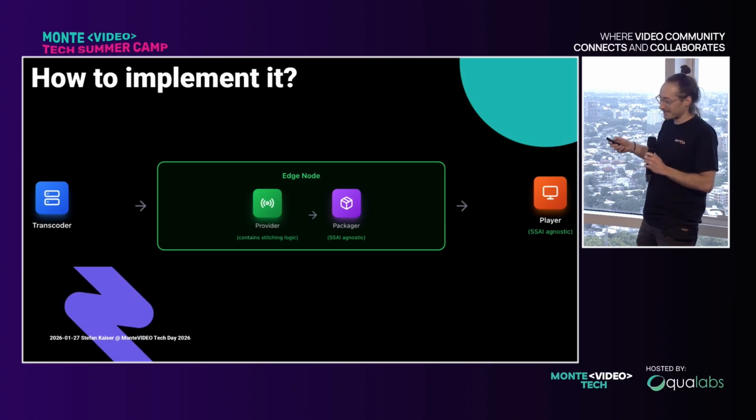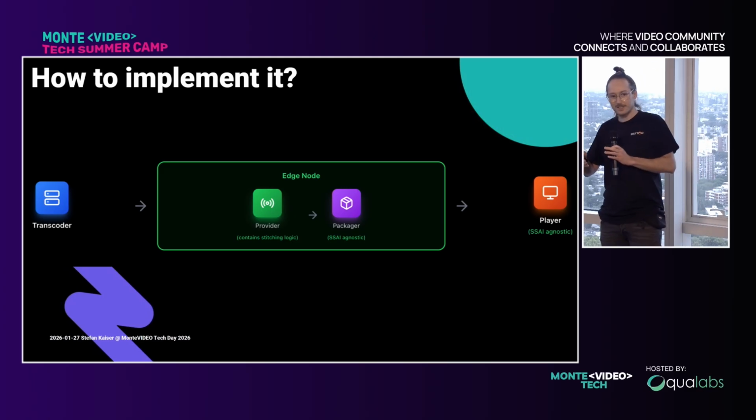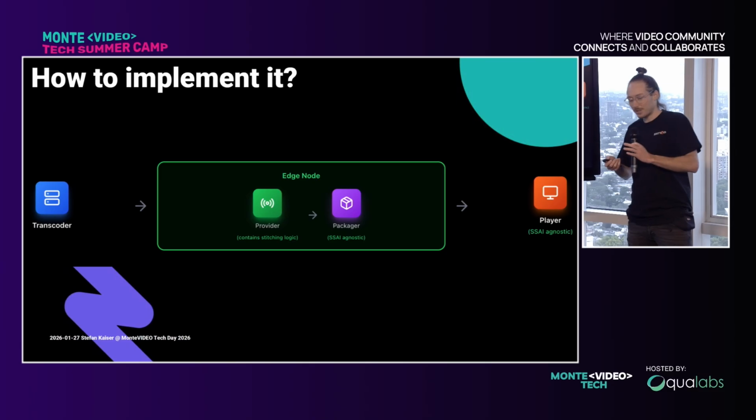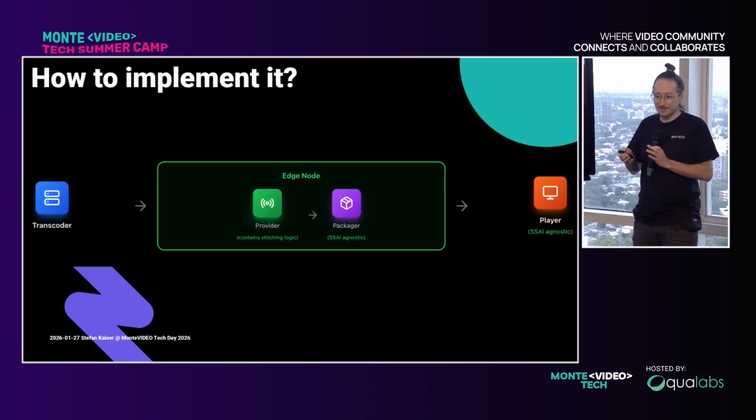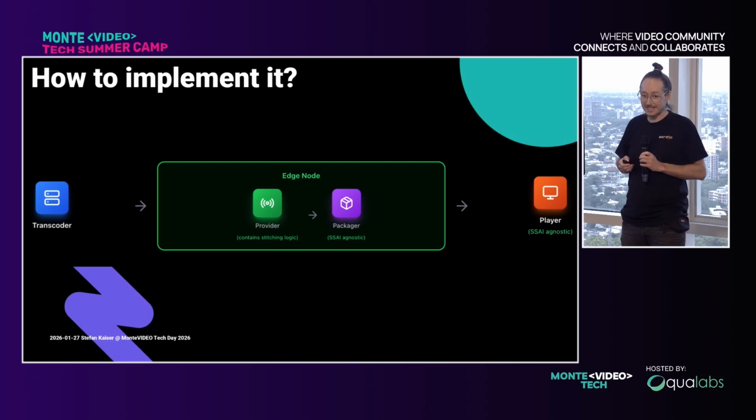How to implement it? We talked about it: client-side ways are possible, server-side ways are possible. Due to the low adoption rate of multi-period yet, that wasn't possible, so we chose a different server-side ad insertion variant, which is fragment stitching. We actually went below the streaming protocol and exchanged frame by frame from the original content to the advertisement content.